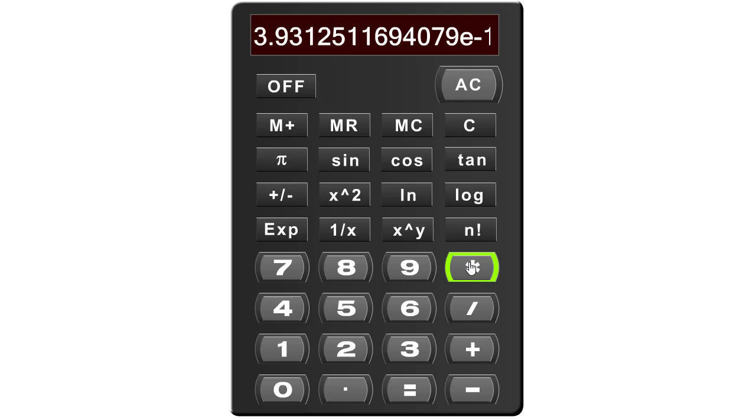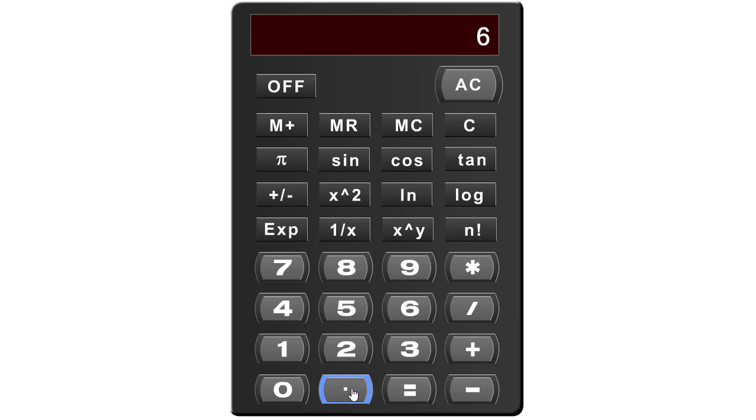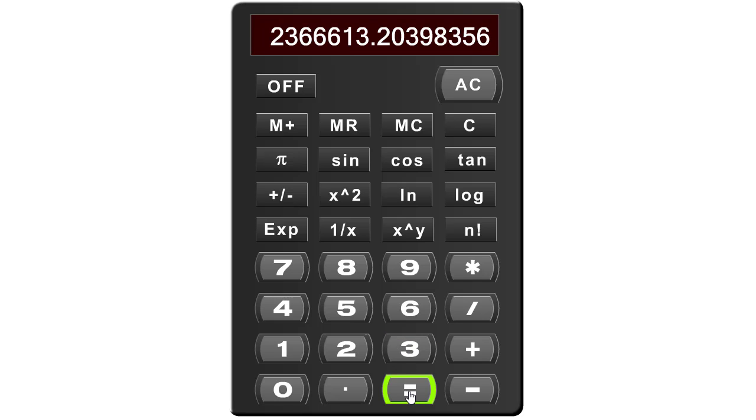We want the ionization energy per mole, so we must multiply this now by Avogadro's number. So we multiply by 6.02 exponential 23, and that gives us a value of 236.6613.